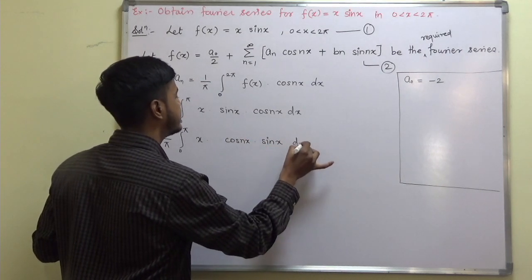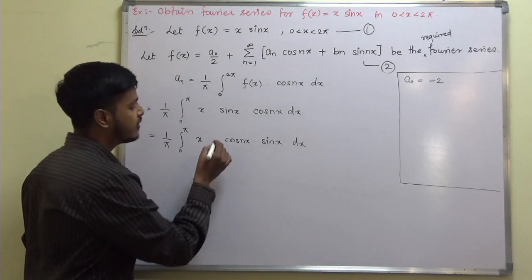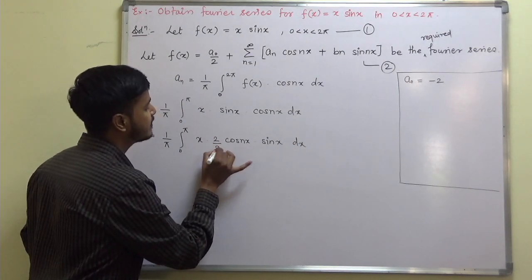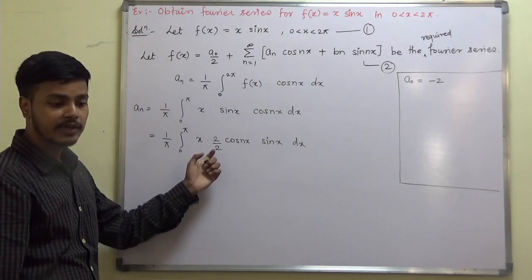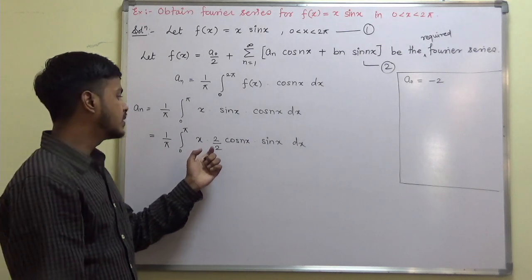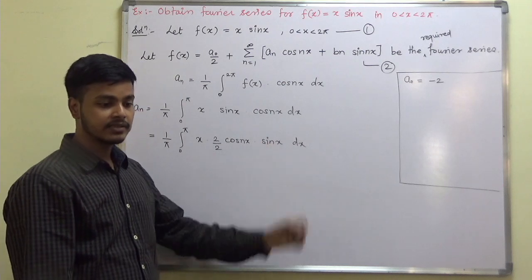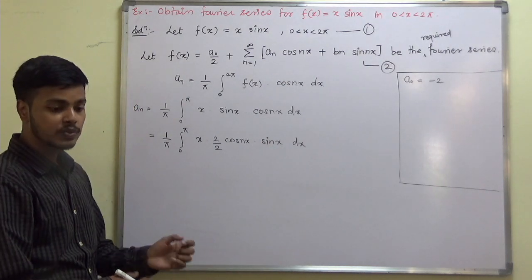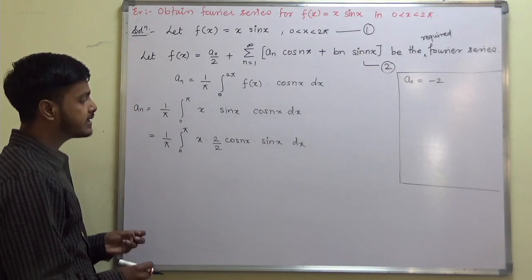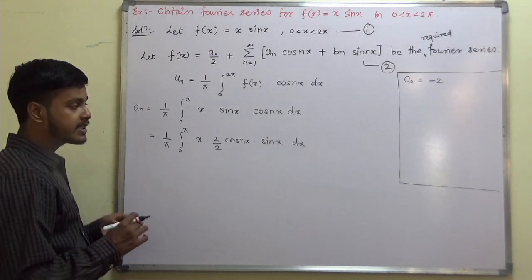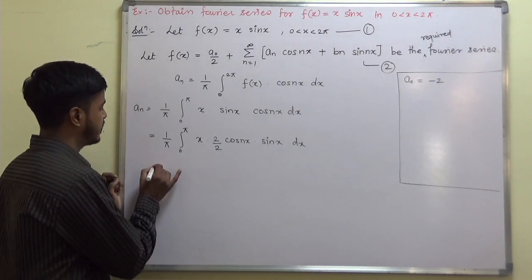Now multiply by 2 and divide by 2, that is the adjustment. And what is 2 cos A sin B?